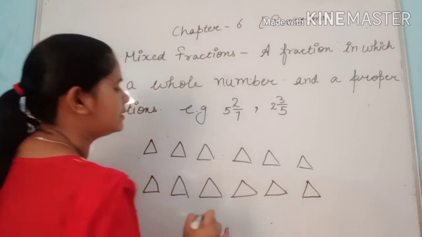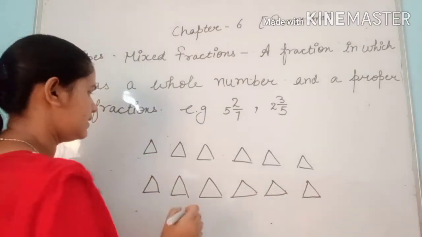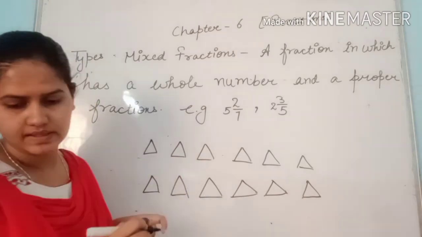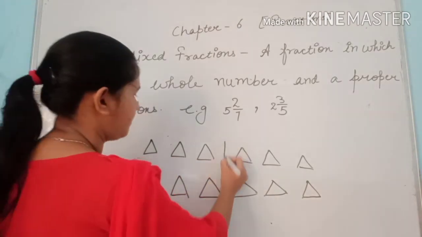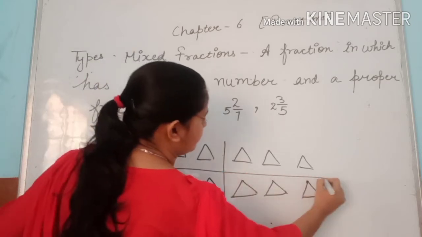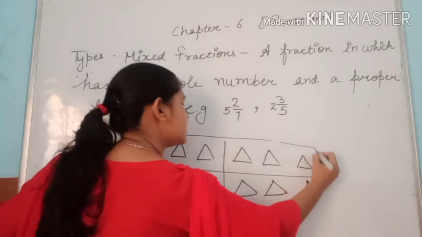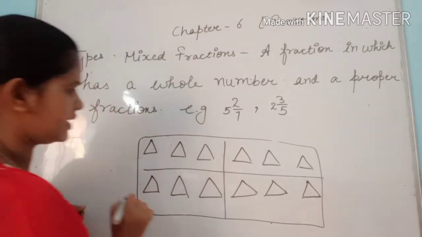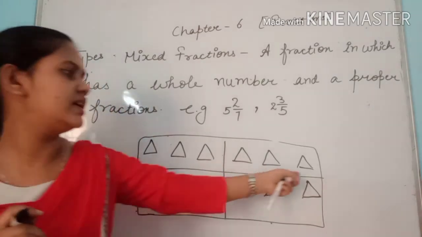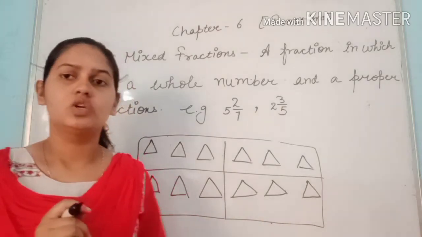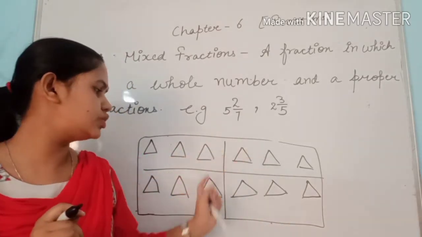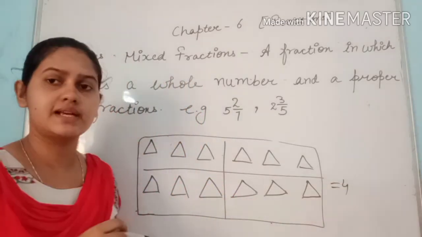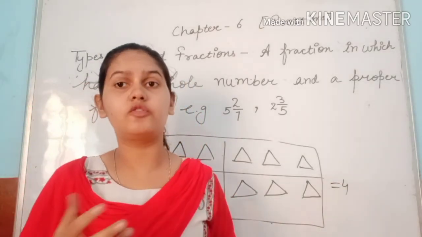So we have to divide them into 3. So we can divide like this. You can see I have divided them into 4 sections, right? 3, 3, 3 and 3. So how many parts are there? 1, 2, 3, 4. So the answer will be 4. 4 divisions are there. So we will write 4 here.